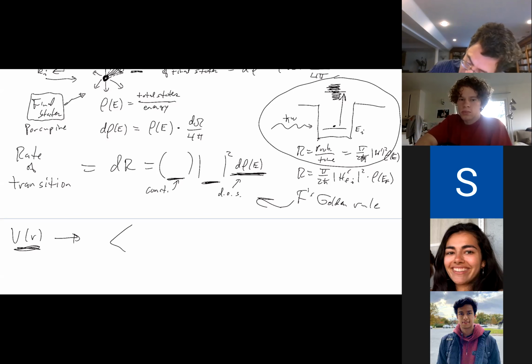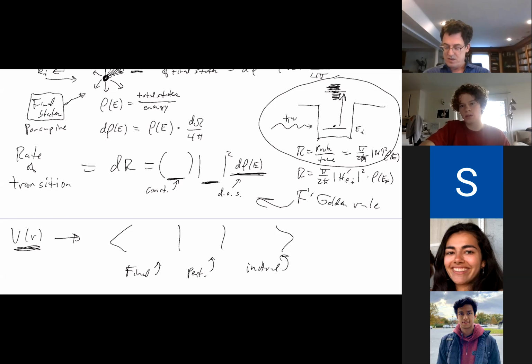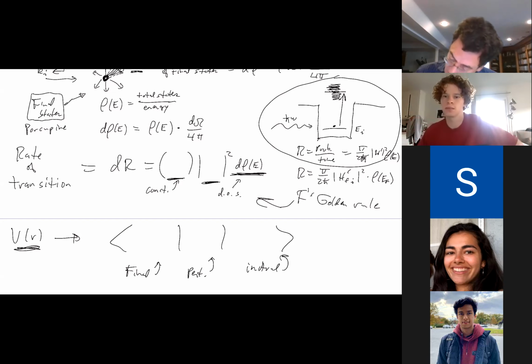Let's write it here. This is a matrix element. It's got three things. It's got an initial state, it's got a final state, and it's got the perturbation. So would it be like the incoming wave, then V of R, then the outgoing, the transition wave? That's exactly right. The initial state is going to be the incoming wave, e to the i k initial dot r.